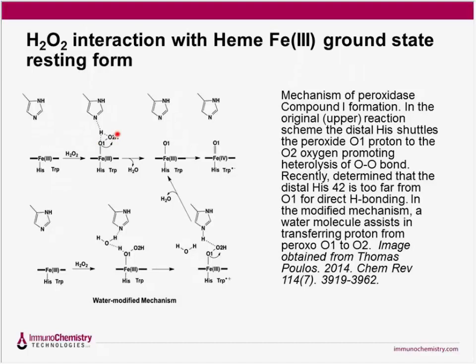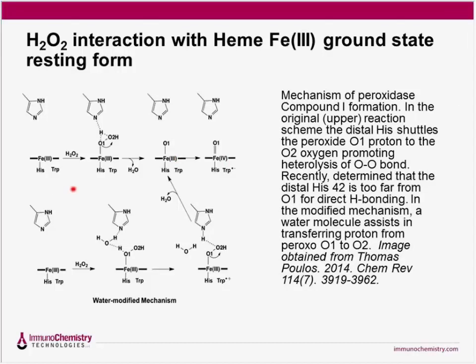The peroxyl linkage is cleaved with the help of this histidine 42, and when this cleavage occurs, 2 electrons are extracted from this heme, and it converts this heme to a compound 1, which is highly reactive in its function.